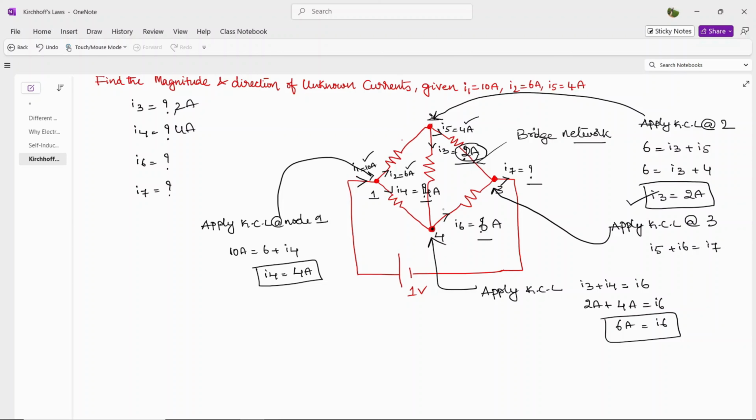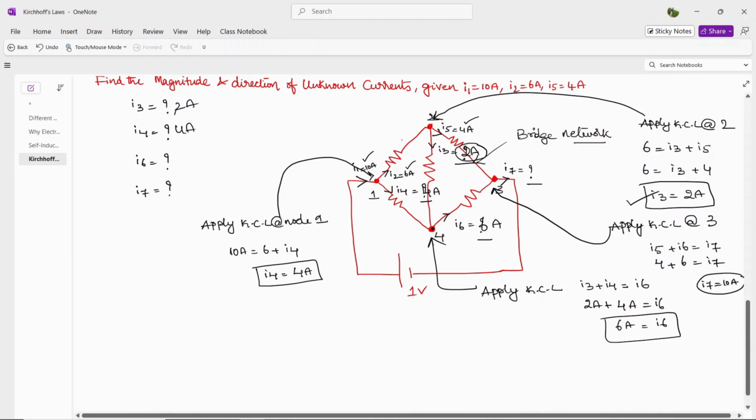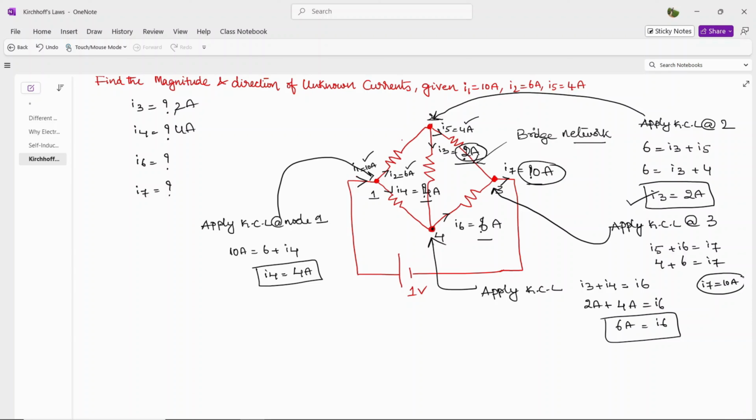I5 is 4, I6 is 6, that is equal to I7. Therefore I7 is equal to 10 amperes. So the current in this branch is 10 amperes. Now we have successfully found the values of I6 as 6 amperes and I7 as 10 amperes.